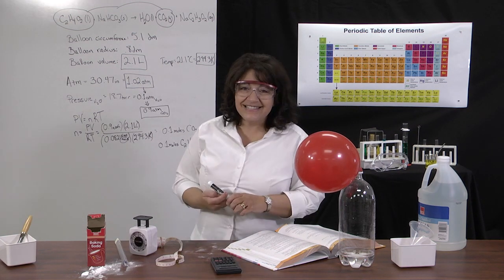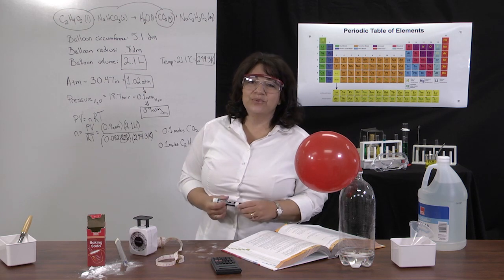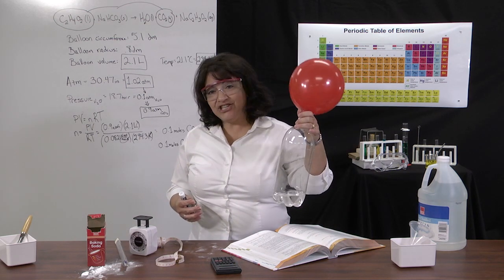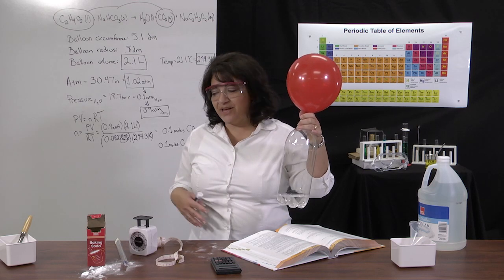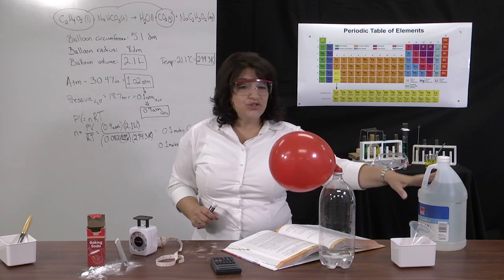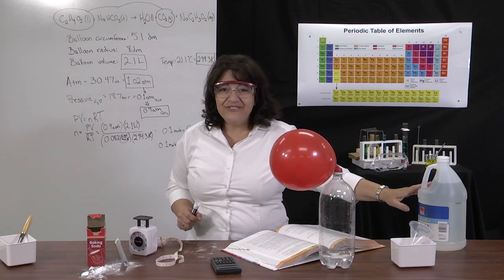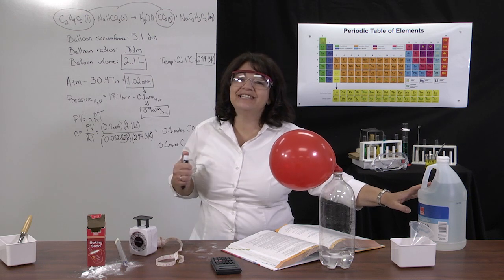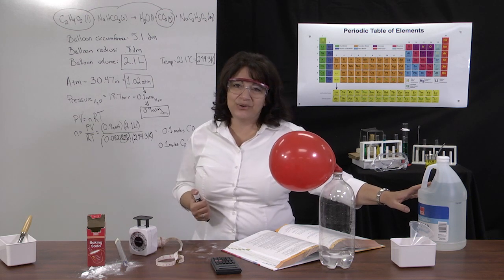So what that means is 6 grams of acetic acid were used in this reaction to react with the baking soda. 6 grams of acetic acid. Now we used 200 grams of the vinegar solution, but it was a diluted solution. The actual acetic acid, which is in vinegar, we used 6 grams of that.